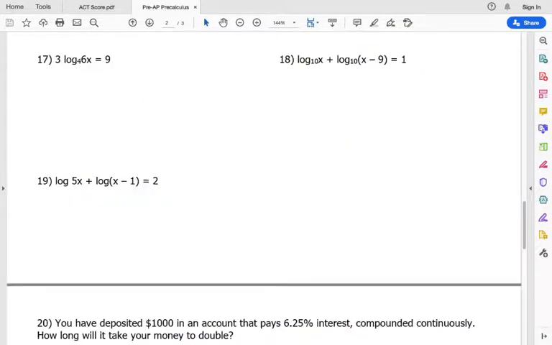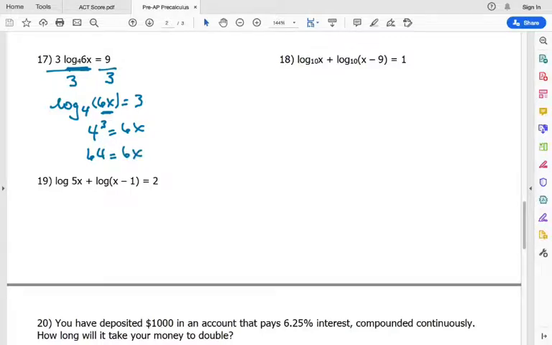Okay, on number 17, we need to solve for x, and we need to isolate this. So I need to divide both sides by 3. So that gives me log base 4 of 6x equals 3. Now then, I'm trying to get this x by itself, so I'm going to convert this to an exponential function. So 4 to the third power will equal 6x. 4 to the third power is 64.